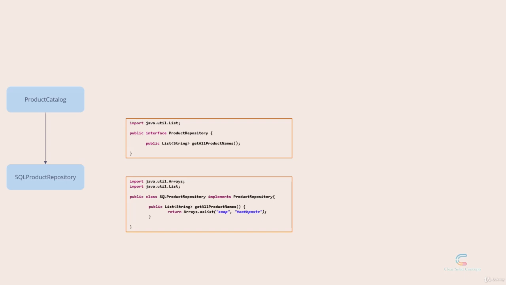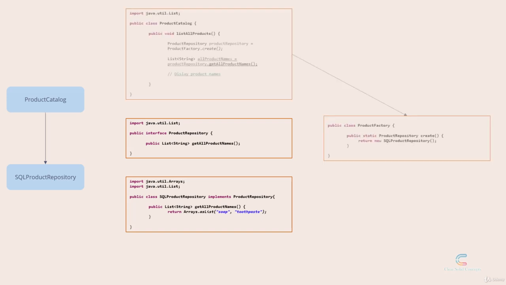How can we do that? We should not directly instantiate the SQL product repository object, so we will use a factory class for the same. This is what the factory class looks like. It has a single method called create, which instantiates and returns a new SQL product repository object. Pretty simple and straightforward.